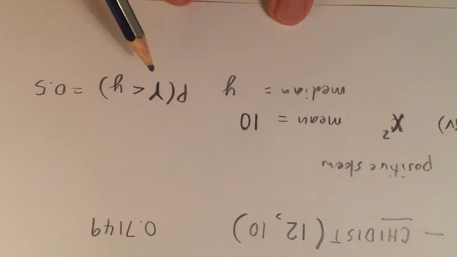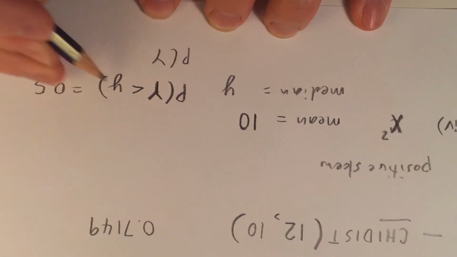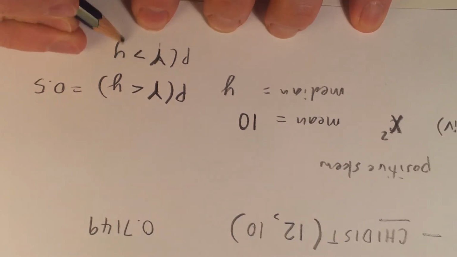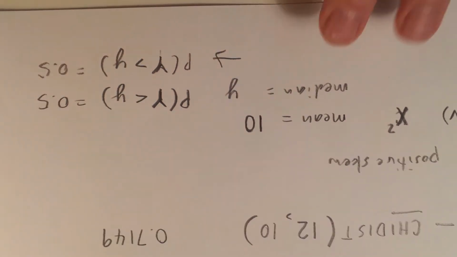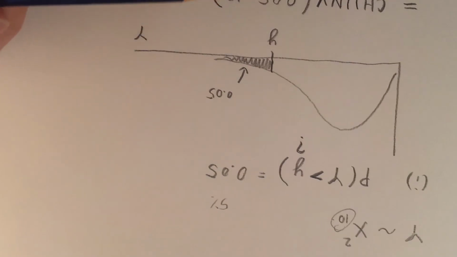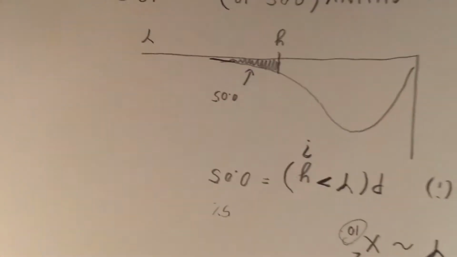So I could also write that the median is the y value such that the chance of getting a random variable greater than that y is equal to 0.5. Now that is in the exact form that the CHIINV function that we've seen previously wants to know probabilities.